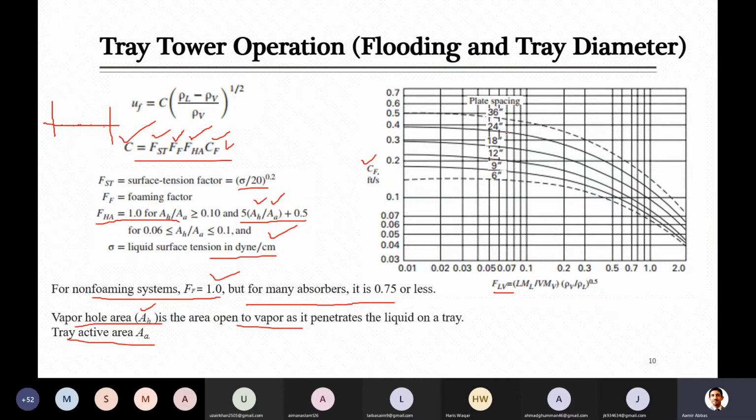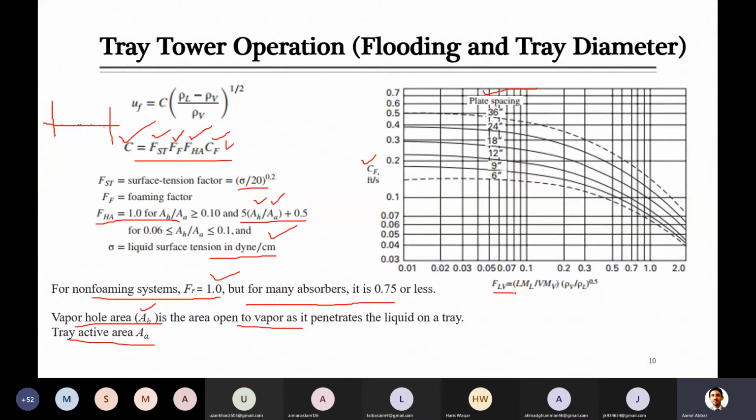Inside the diagram you can see different lines indicating different tray or plate spacings. So when the tray spacing changes, for any given value of this factor, the CF factor will vary. This is because, as mentioned in the last slide, scientists have seen that this factor C depends on the tray spacing.